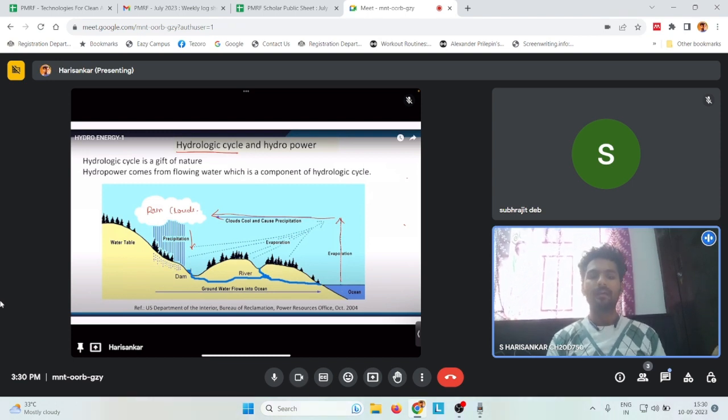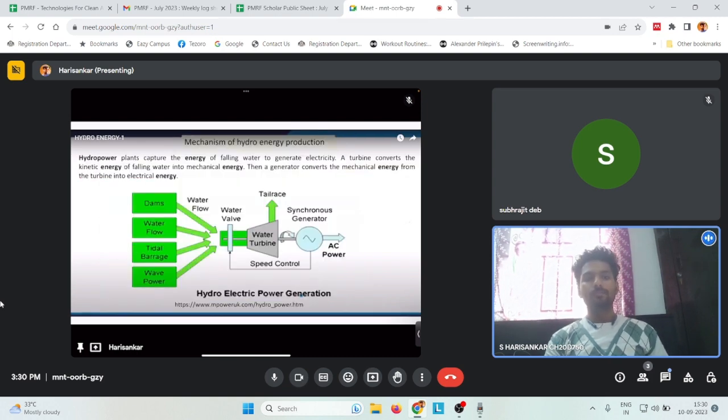So hydro energy, as the name itself suggests, is where we try to produce energy from the flow of water. Hydropower comes from flowing water, which is a component of the hydrologic cycle. So from this flowing water, how are we producing energy? There are different types that we can use.